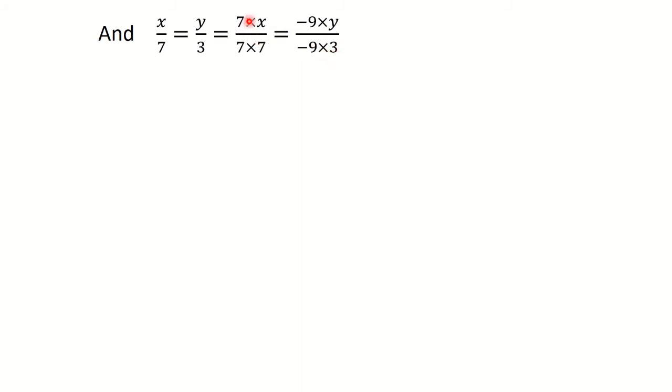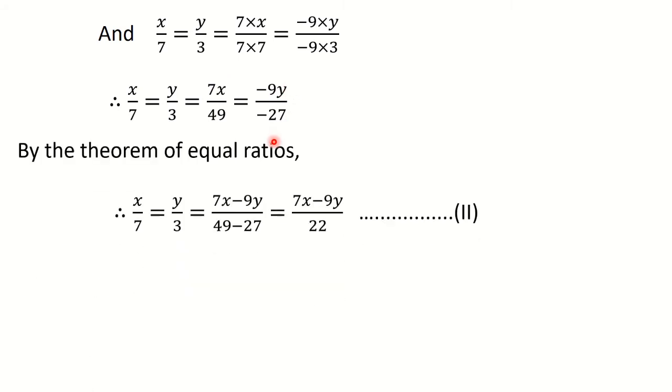You know that if a ratio is there, we can multiply and divide by the same number. So with that property we can use it. You know that a upon b is the same as ak upon bk. So that same constant number we are multiplying in both places. So we got the new ratios: x upon 7 is equal to y upon 3, here 7x upon 49 and minus 9y upon minus 27.